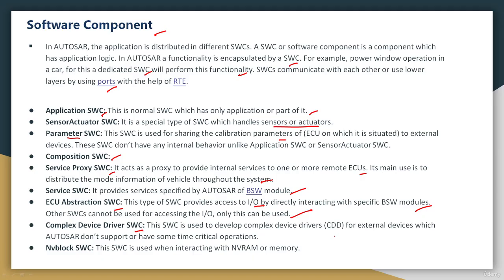This is used to develop your CDD drivers for external devices which AutoSAR doesn't support, or some application may require critical time operations. So for that also, the CDD software component can be used. Next is NVBlock software component. So we make use of this when we want to interact with your memory.